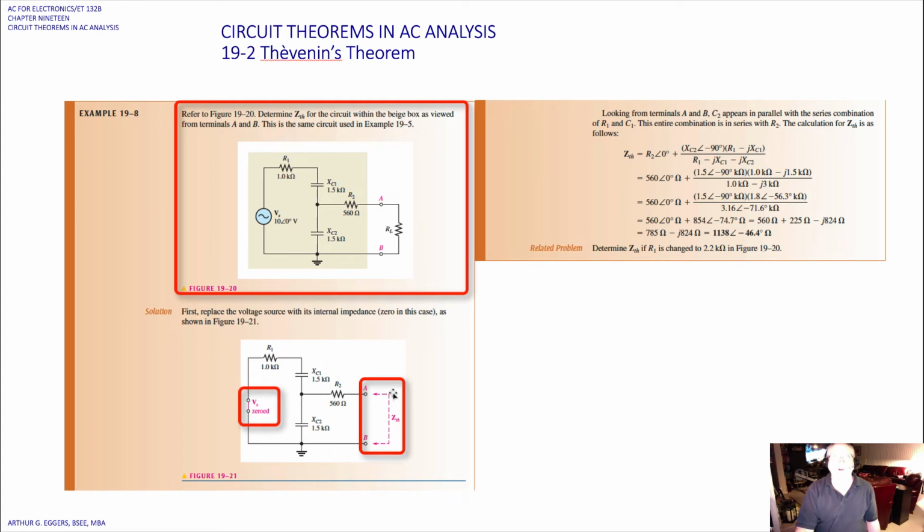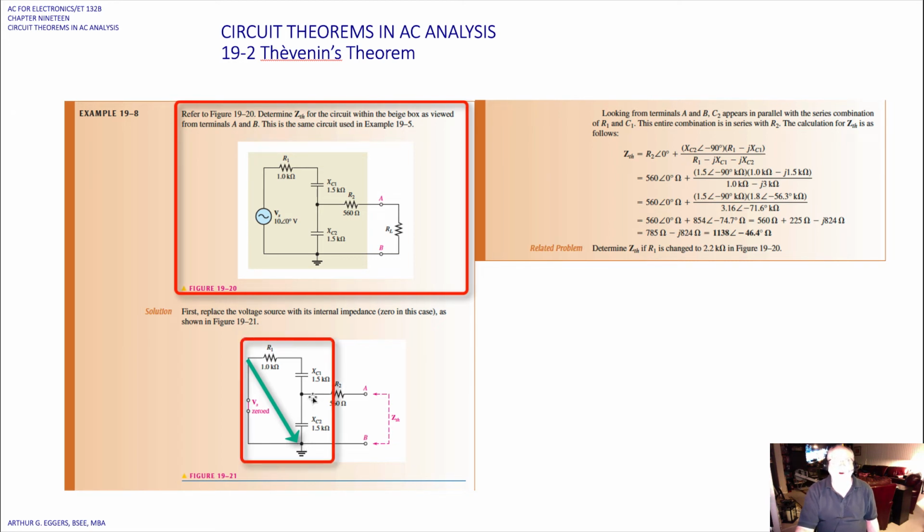Looking from terminals A and B, C2 appears in parallel with the series combination R1 and C1 because now we've closed this point. So we've got R1 really connected right here at the ground side of C2. This entire combination then is in series with R2 over here on the output side.